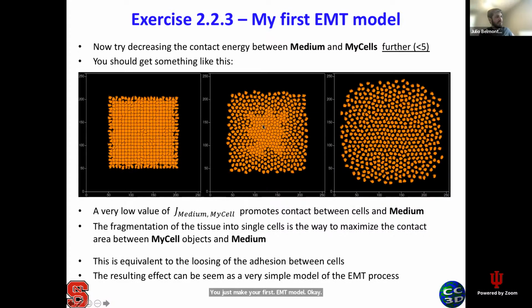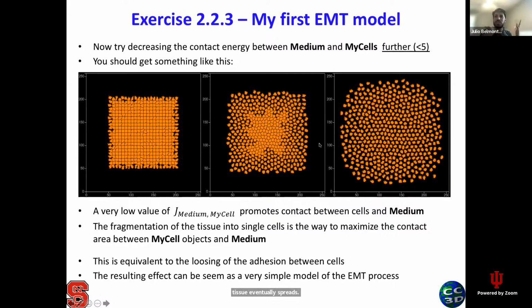What you should have gotten is something that looks like this. You start with a square of cells. Now the cells change their energy with the medium, so now they like the medium, okay? And now you have this kind of slow spread. The cells at the edge start to move into the medium because they want to be in contact with it. They really like the medium because they have a low energy with it, or a high affinity. So they start to spread, and the whole tissue eventually spreads and scatters.